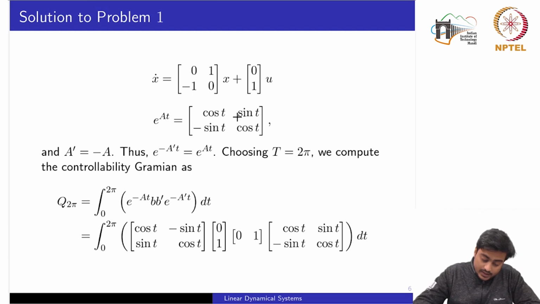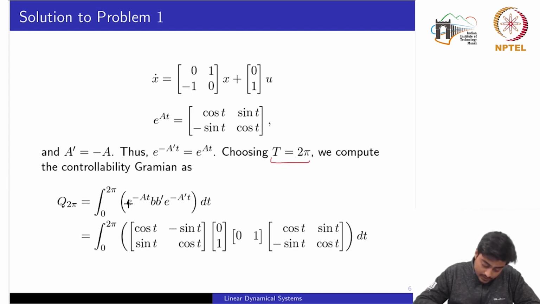Now all these terms are the sine cosine terms. So if I integrate them from 0 to infinity, it would be infinite. Okay, but we also know that they are periodic in nature. Every term is periodic in nature, so I can compute over 0 to 2 pi and finally write the result by choosing t equal to 2 pi.